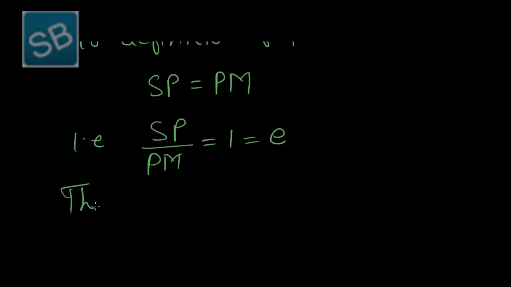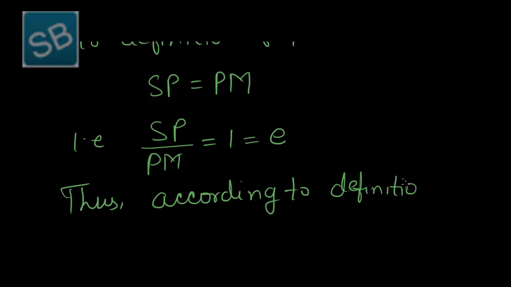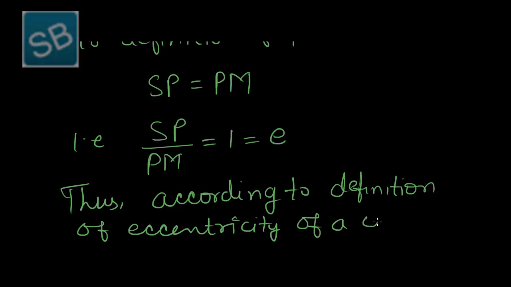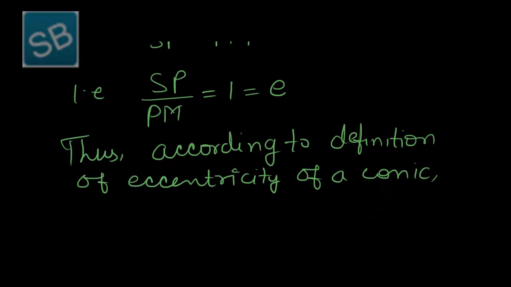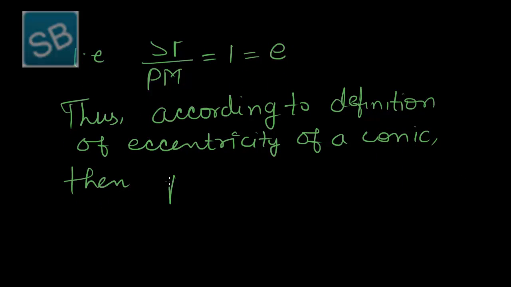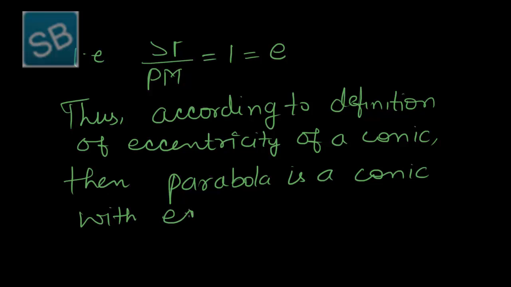Thus, according to the definition of eccentricity of a conic, a parabola is a conic with eccentricity e equal to 1.